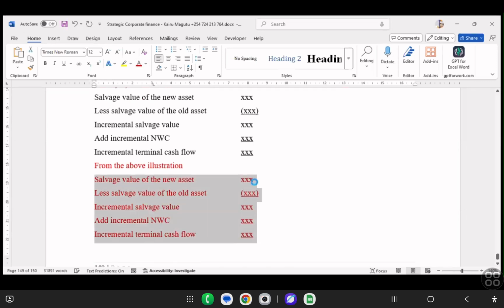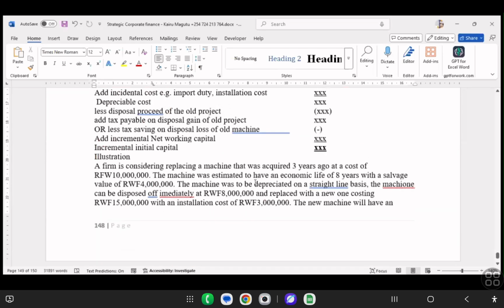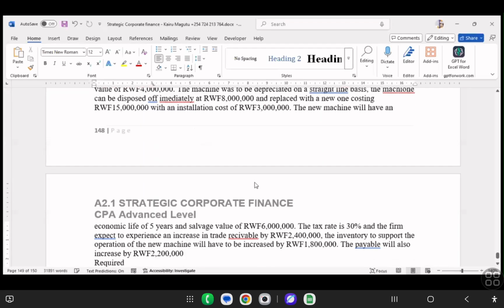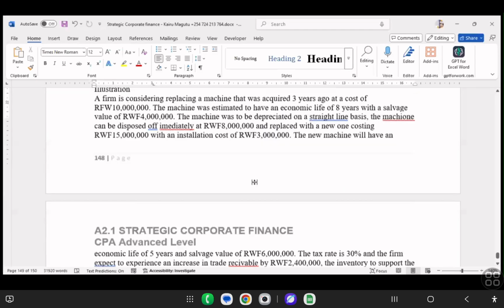From the question, we are told that when the new machine is acquired, it will be disposed at how much at the end? Economic life is 5 years and the salvage value is 6 million. The old machine was estimated to have a salvage value of 4 million.